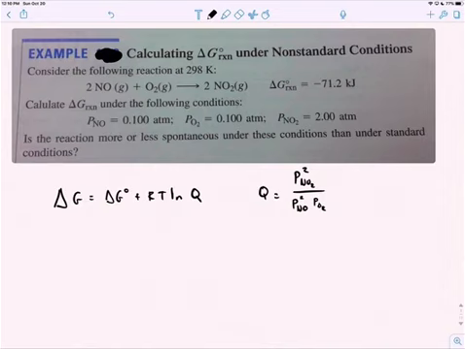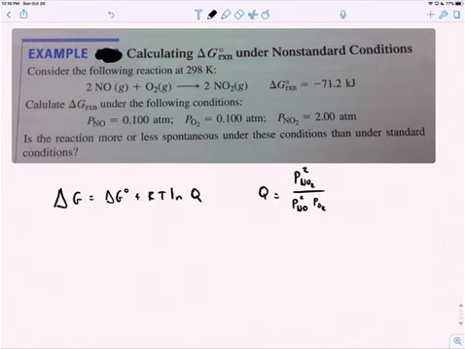So we have 2 nitrogen monoxide plus oxygen makes 2 nitrogen dioxide. The standard delta G reaction is minus 71.2 kilojoules. Under the following conditions, we'll calculate the delta G reaction.